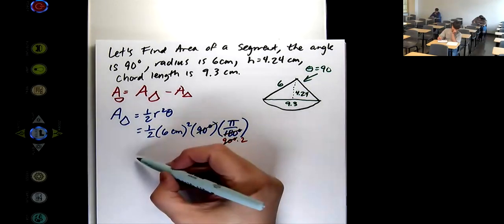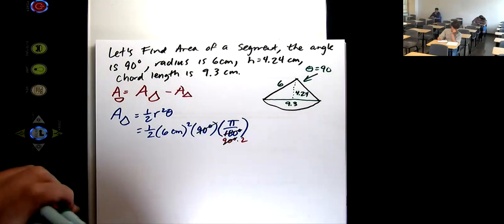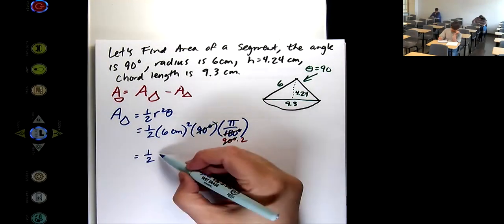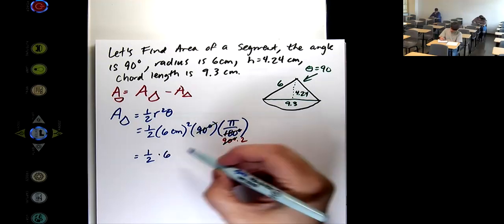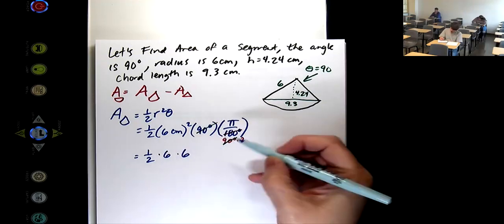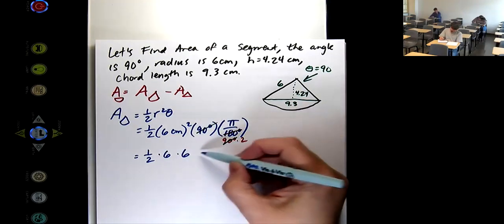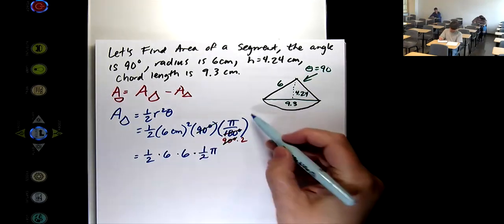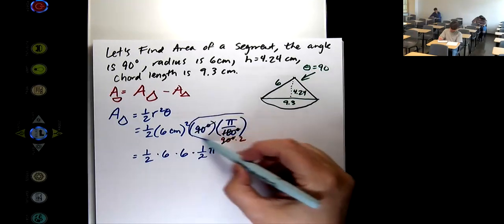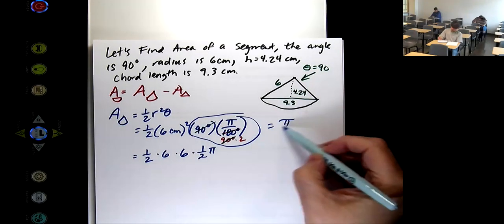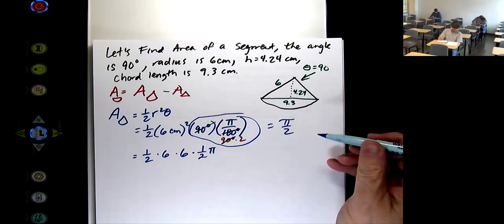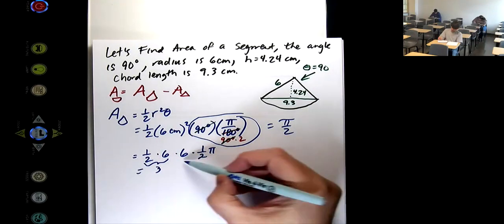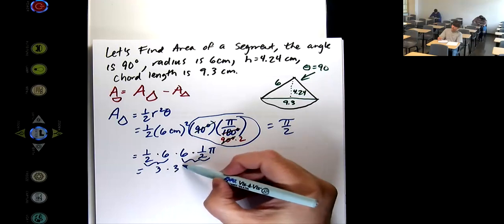And I get, let me write it out, 1/2 times 6 times another 6, because it's 6 squared, times 1/2 pi, because all of this right there turns into pi over 2. 1/2 of 6 is 3, and 6 times 1/2 is another 3.